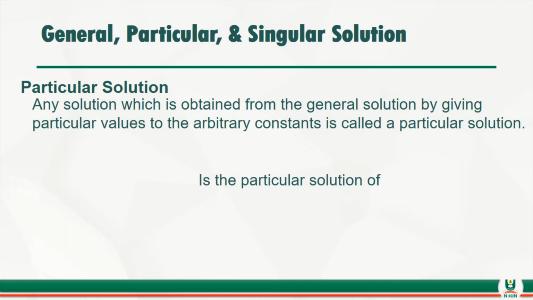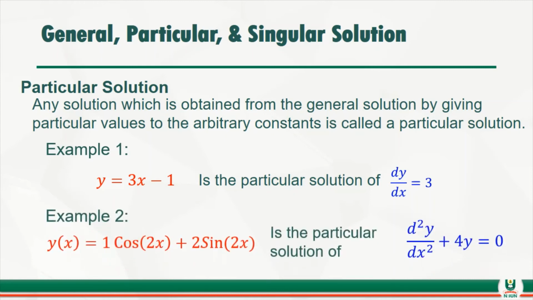For instance, take example 1, dy/dx equals 3. We specify the point that the line must pass through, and we obtain this expression as the equation of the straight line, where we know the y-intercept. At the same time, let's take a look at the second order ordinary differential equation again.